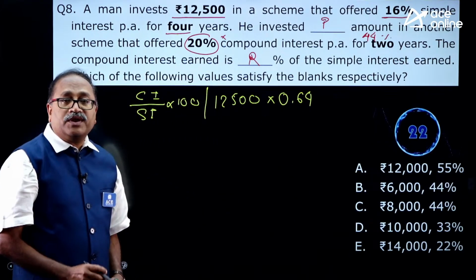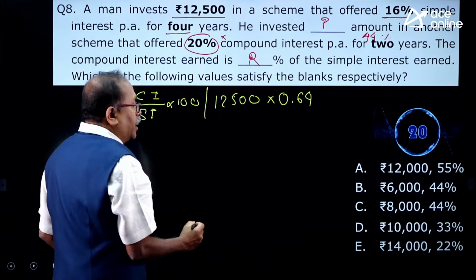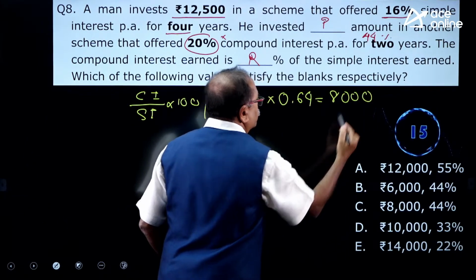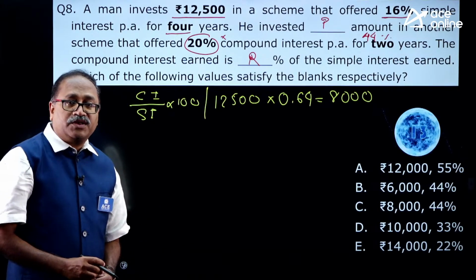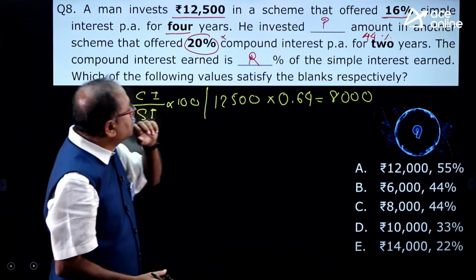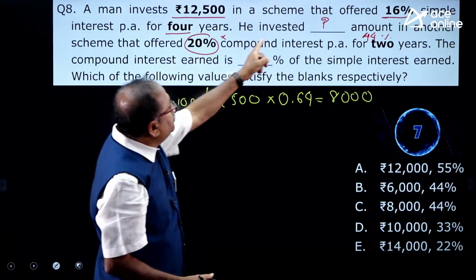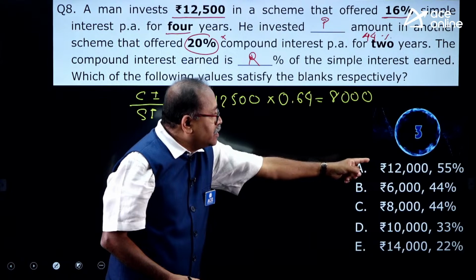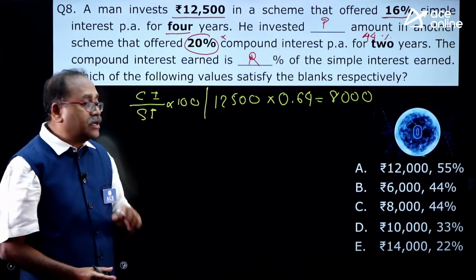Now 125 into 64, and I am getting 8,000. And what is this 8,000? That is your simple interest. Now what should be the investment over here so that the second one, R%, will be satisfied?